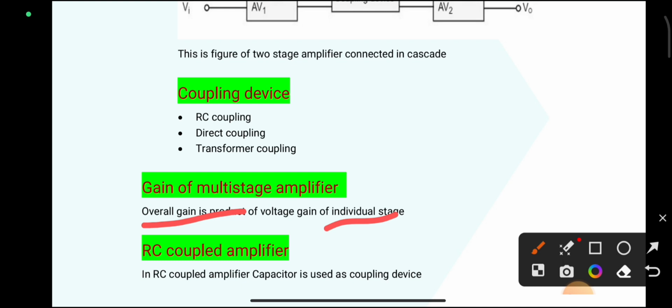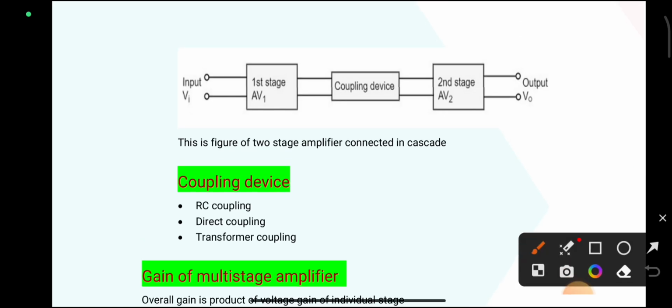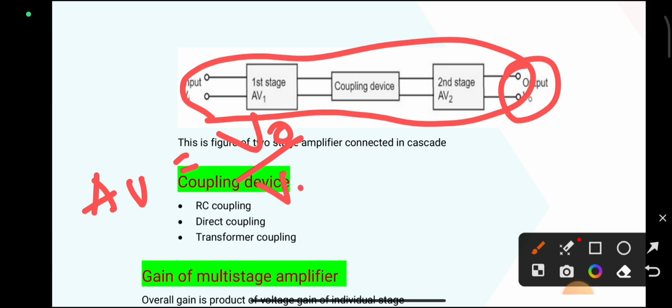So for example, here we have a two stage amplifier. The overall gain of the two stage amplifier is AV, which is equal to V out by V in. So this is the overall gain of the two stage amplifier.